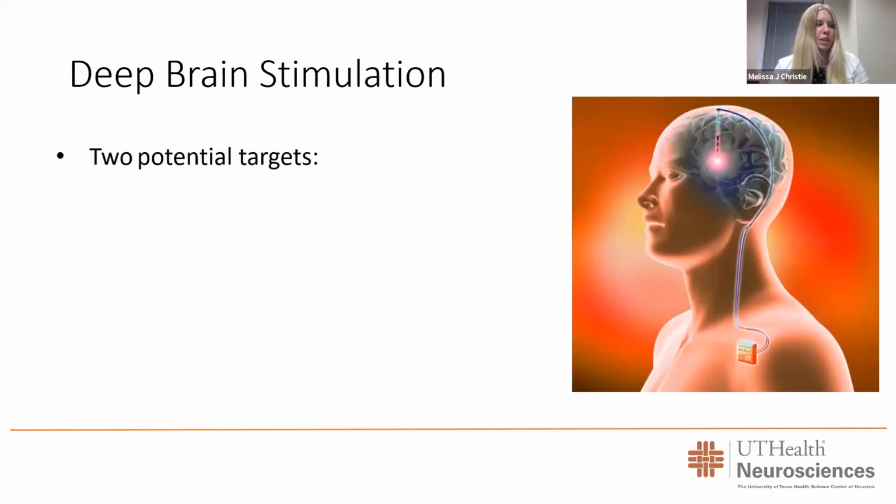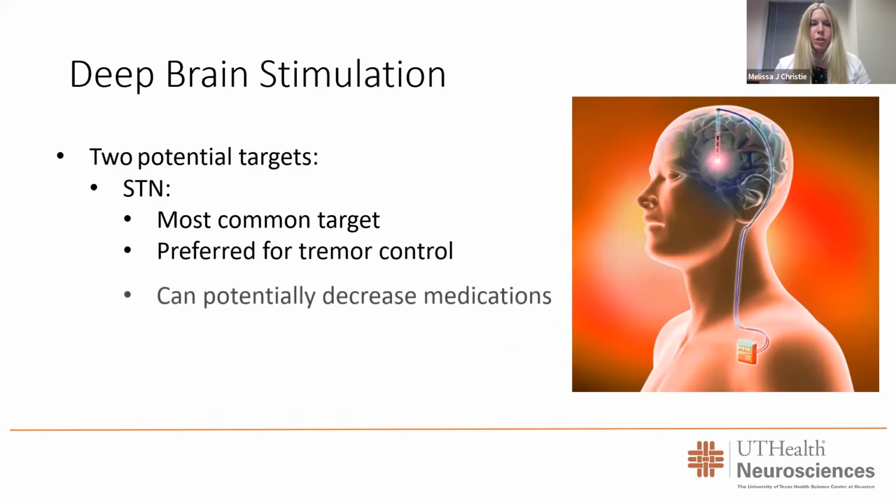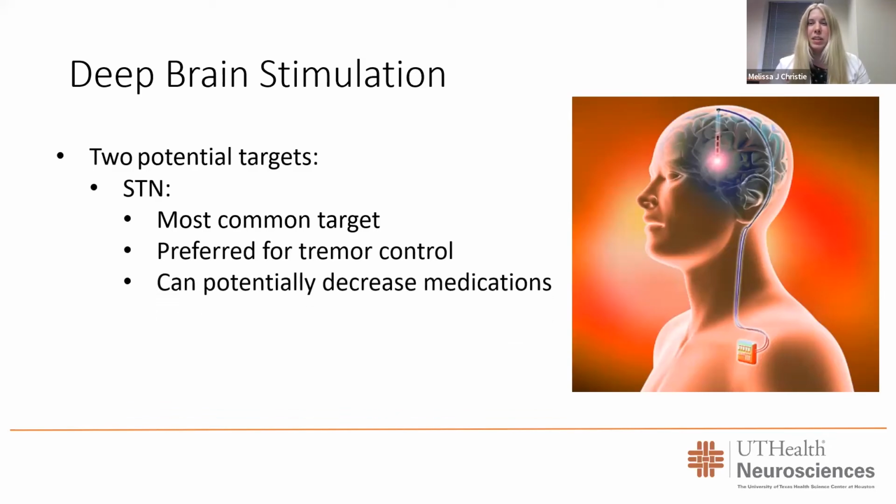And there's two different potential targets. For the sake of time, I'm not going to belabor this too much, but there's the subthalamic nucleus, which is the more common target and usually used for tremor control. Also, if you're someone who needs a lot of medications, it can help decrease how much you need.